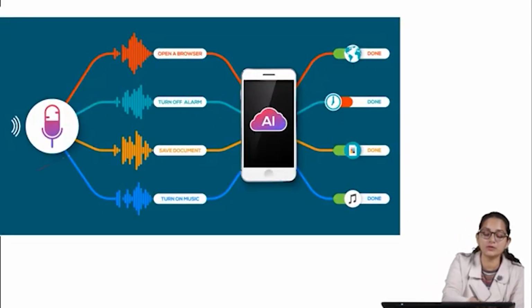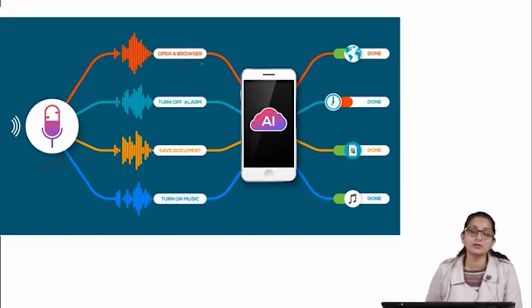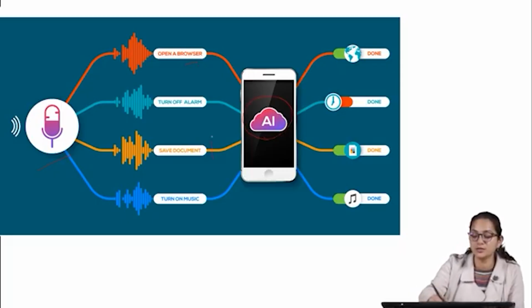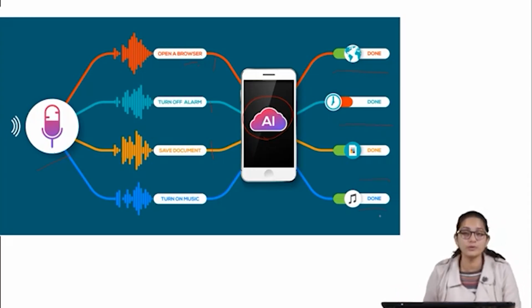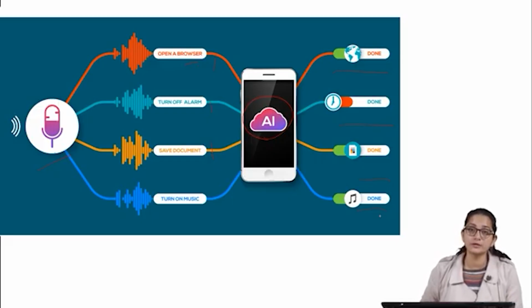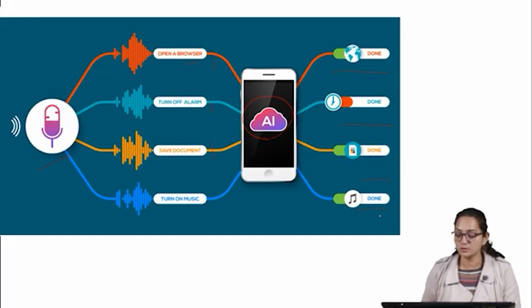Through your voice command, you are now able to give commands like open a browser, turn off alarm, save a document, turn on music, right? And AI is able to interpret all of that and do the required things on your mobile phone. So it is not just an enabler for people who are facing difficulty with motor movements, but it is also allowing you to reduce your own screen time for a bit.